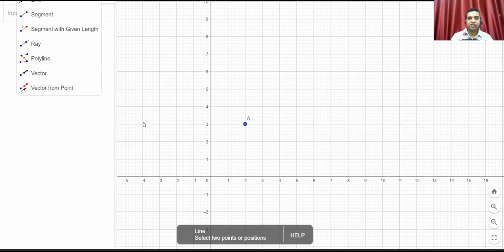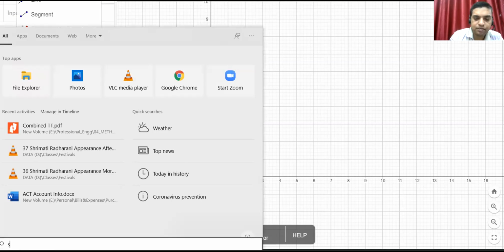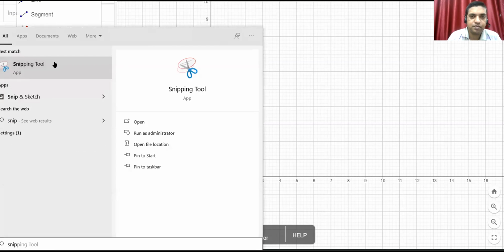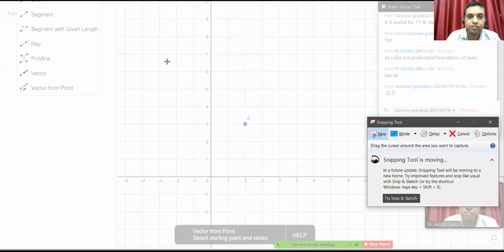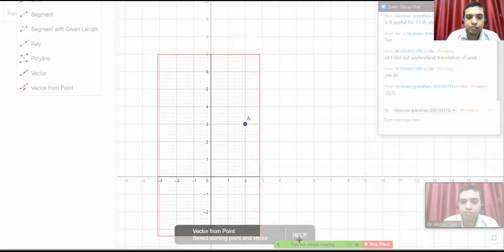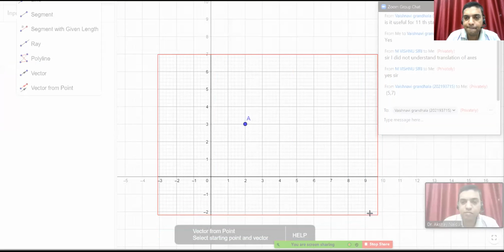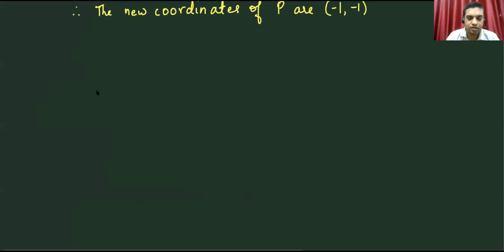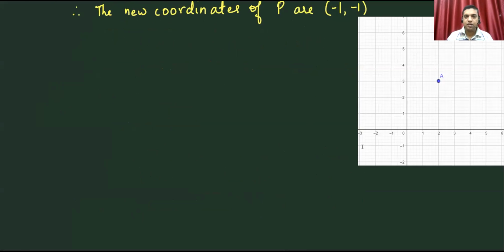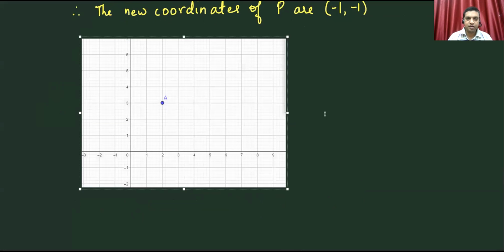The new set of axes, I'll just copy this snip and put here. Okay.